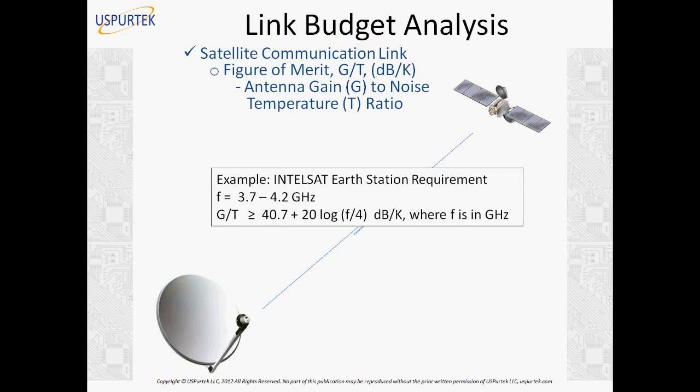So again, for example, the Intelsat earth station requirement for frequencies of 3.7 to 4.2 gigahertz is that your figure of merit must be more than this expression. What is that? 40.7 plus 20 log(f/4) dB per Kelvin, where f is in gigahertz. Now this is a requirement arrived at through some modeling, right? These are published online. So you have to use this requirement when you're designing a link for satellite.